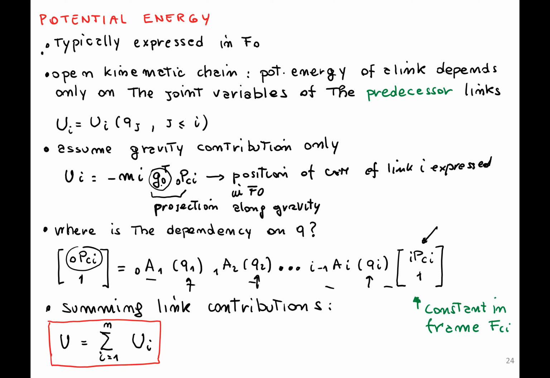But we are flexible, and with this expression we can locate, for example, the base frame in other directions. For example, we want to attach the robot to a wall. In that case, the base frame can be aligned with the wall and have, for example, the z-axis pointing downward. And in that case, the gravity vector would be 9.81, 0, 0.